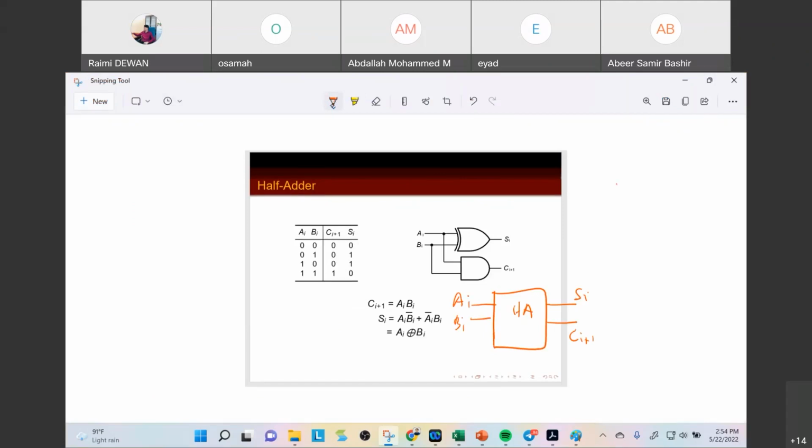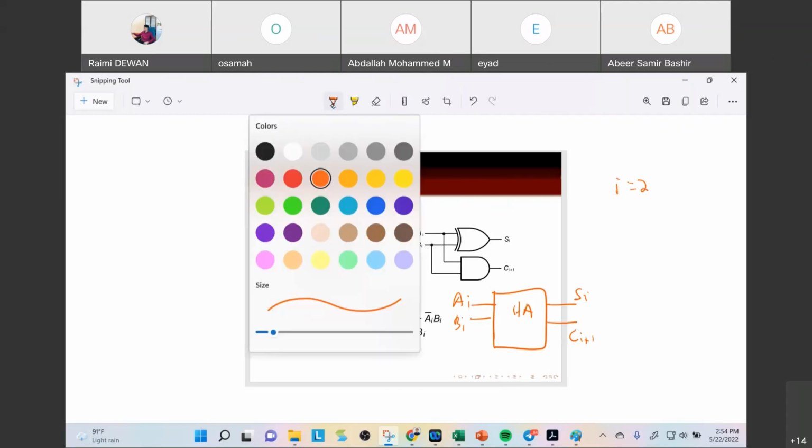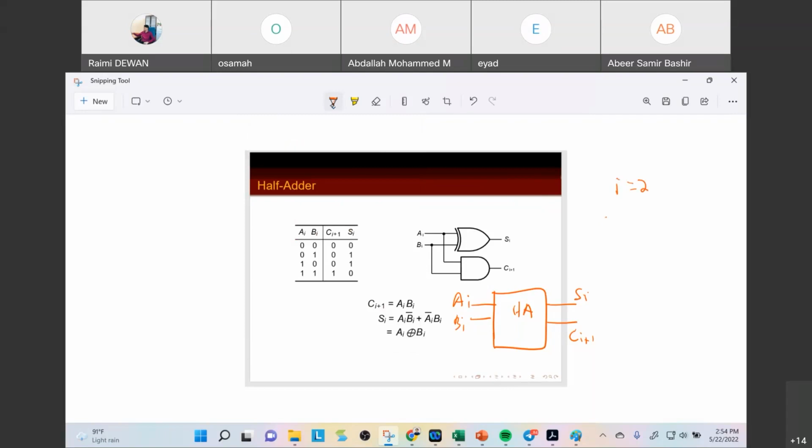Let's say I is equal to 2, for example. I directly use different numbers so that you can see the correlation, the relation. Your A will be, for example, 2, your B will be 2.